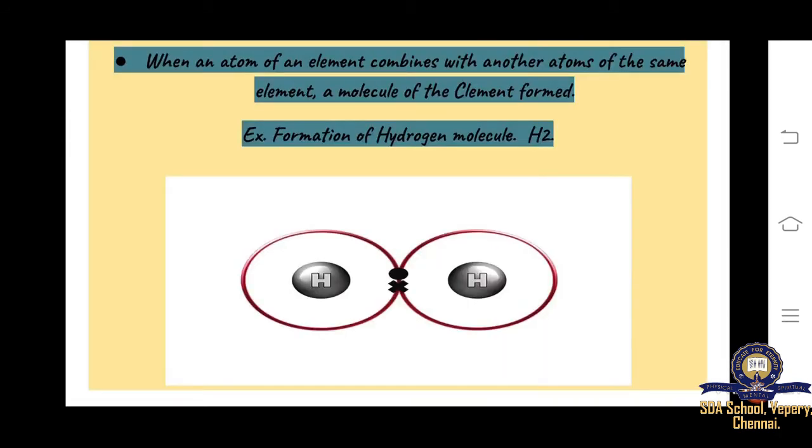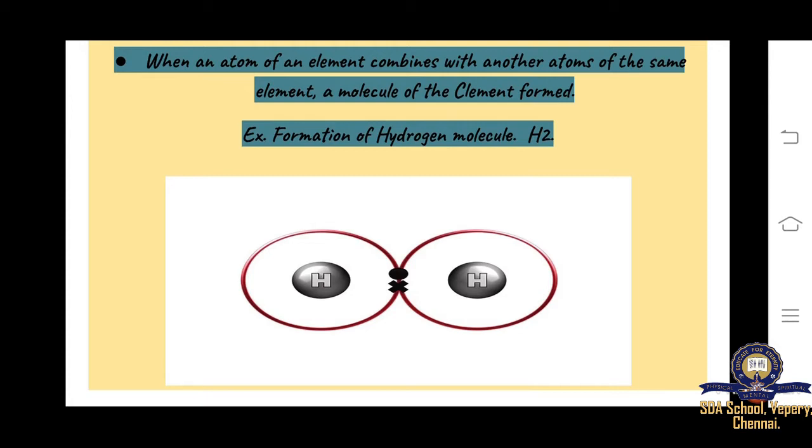When an atom of an element combines with another atom of the same element, a molecule of the element is formed. Here we have the formation of a hydrogen molecule. So 2 hydrogens are combining, here 1 hydrogen and this side 1 hydrogen.